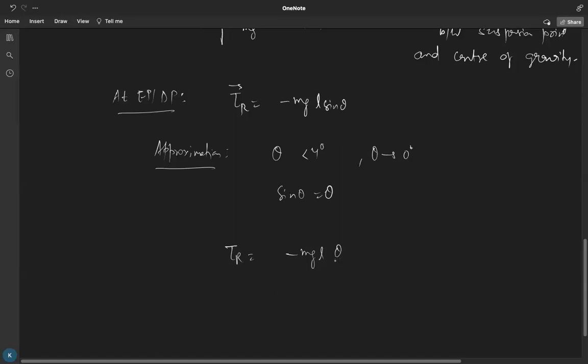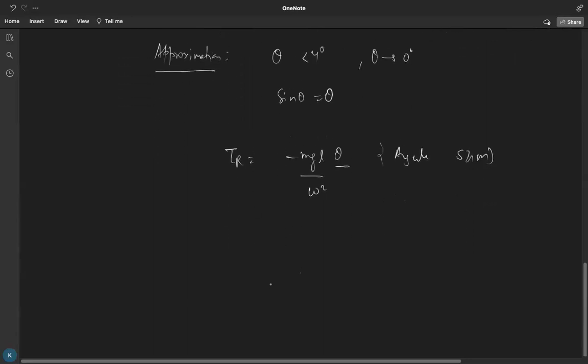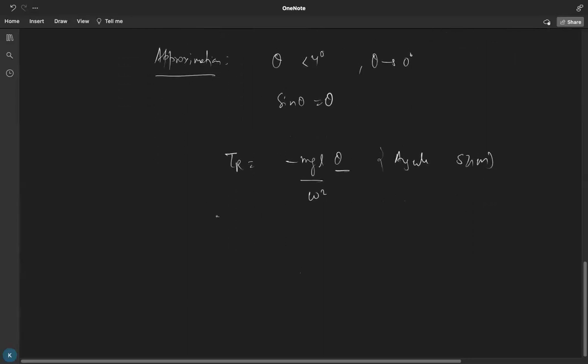Now look here, minus mgL theta. This is our angular simple harmonic motion, because the restoring torque is a linear function of angular displacement, right? So we have torque equal to I alpha, and minus mgL into theta.